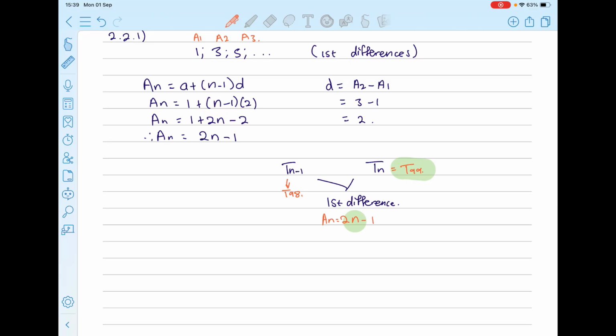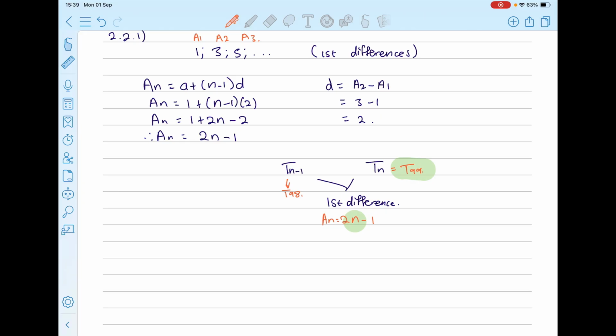Okay, so how do we get n for the first differences? Well, it will be the difference that takes the position of the term just before Tn. So for example, the first term in the first difference sequence will be the difference between T2 and T1.